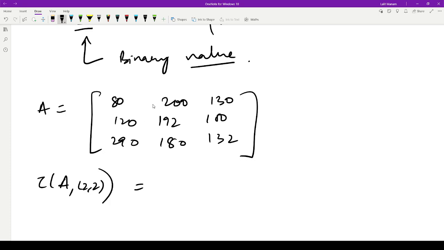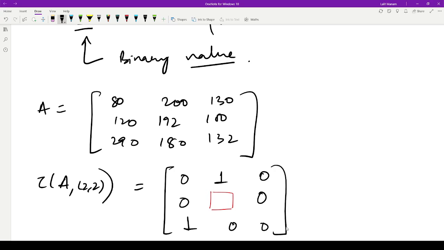So what does this mean? What is 80? 80 is less than 192. So we'll put it as 0. If it's more, then we put it as 1. For equality, we are not defining at this point. So we'll leave it as blank, since we don't need it for computation as well. 100 is 0. This is 0. Oh, sorry. 1, 0, 0. I hope this is right.